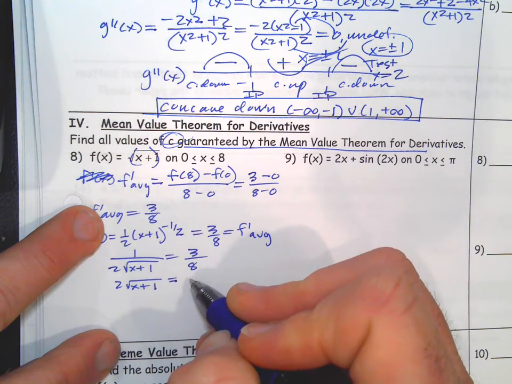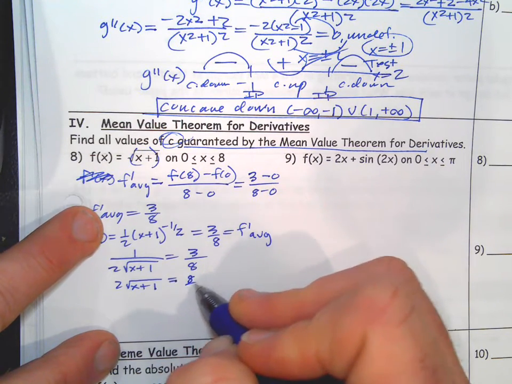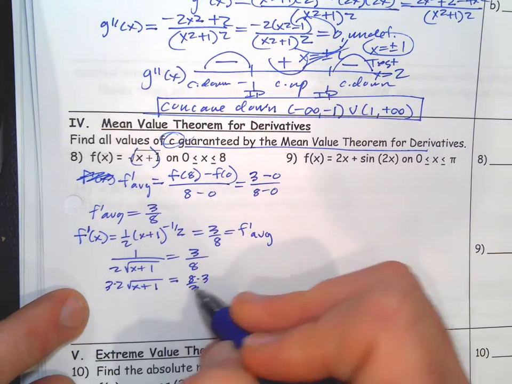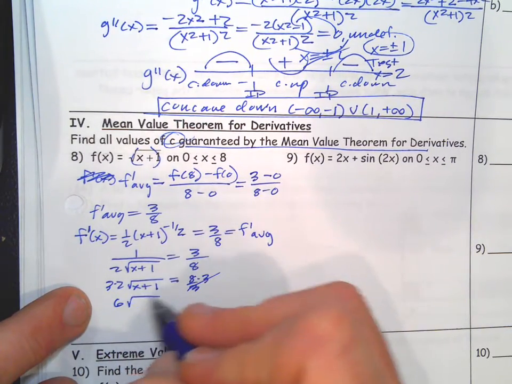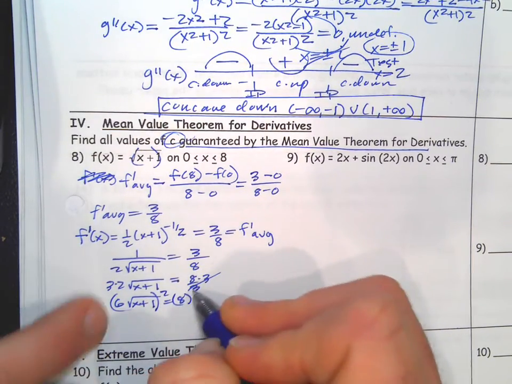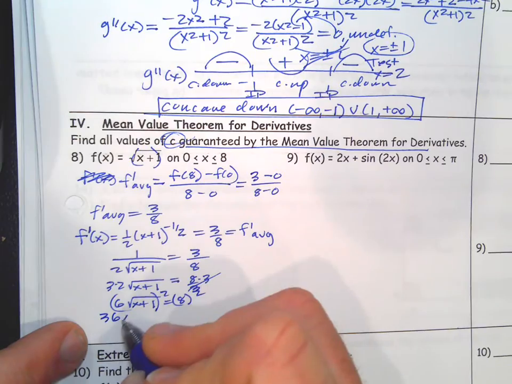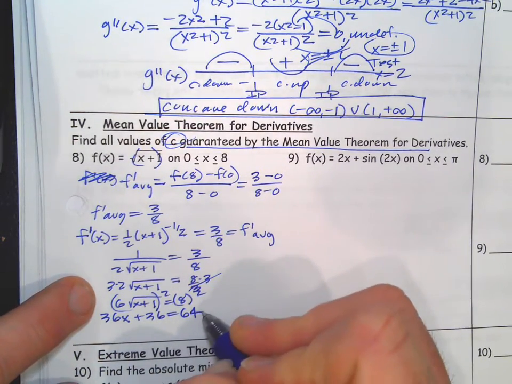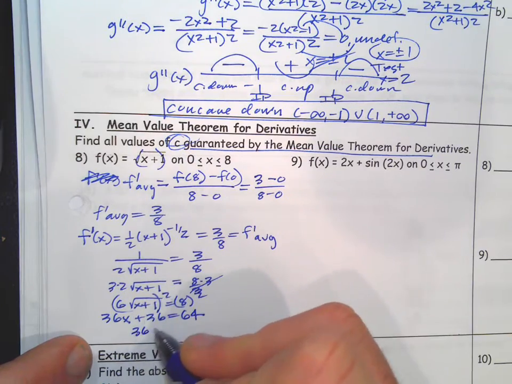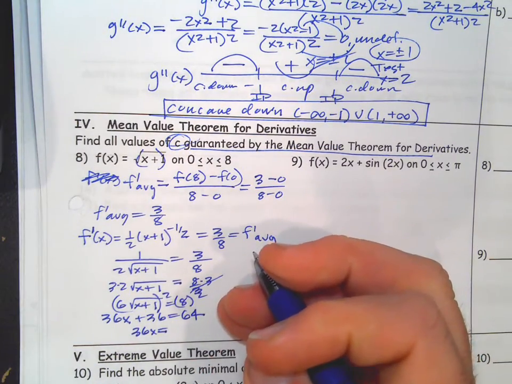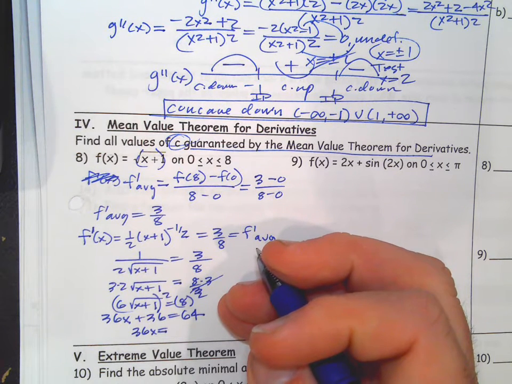At this point, I would probably multiply by the 3 so I don't have fractions. And then we could square both sides. And so we're going to get 36x plus 36 equals 64. So 36x equals, let's see, I think I made a mistake.